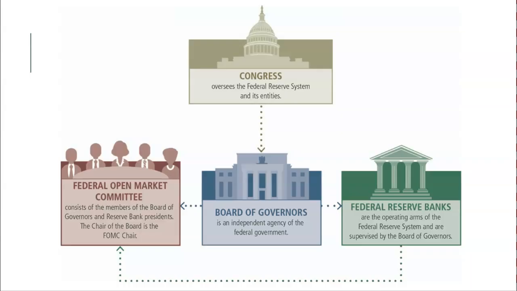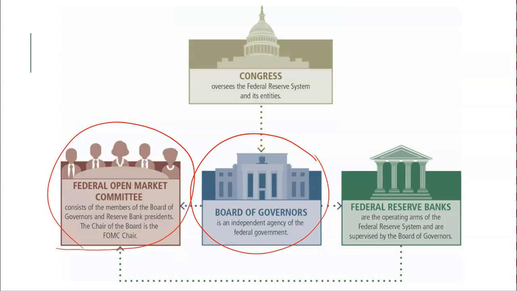So the Board of Governors does a lot of stuff. We'll talk about that more in the monetary policy video. And then we have the Federal Open Market Committee. This consists of the members of the Board of Governors and some of the Reserve Bank presidents. So you're going to see 12 people on this Federal Open Market Committee.